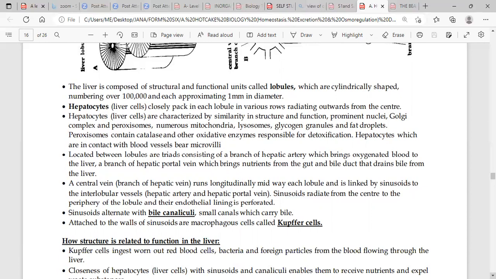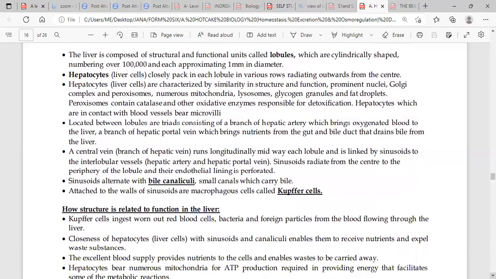These sinusoids at the same time alternate with bile canaliculi, the small canals which carry bile, and attached to the walls of the sinusoids are the macrophage cells known as the Kupffer cells. We shall see the role done by the Kupffer cells as we go on with the homeostatic function of the liver. Basically, that is the structure of the microscopic liver cells.